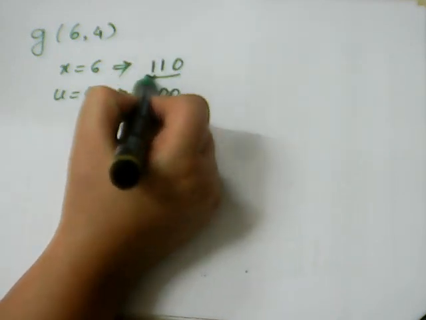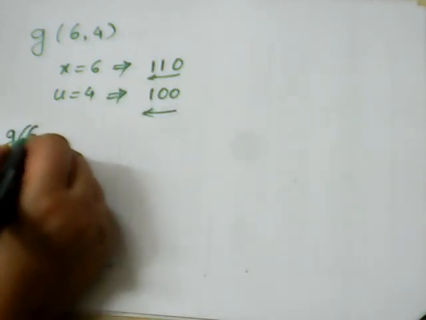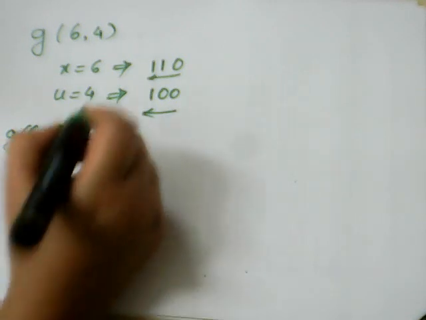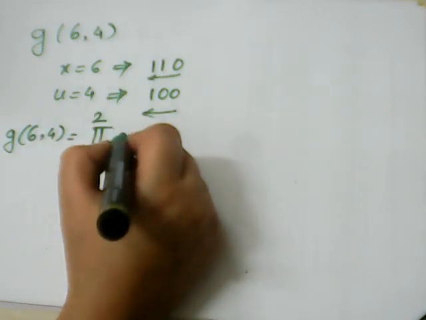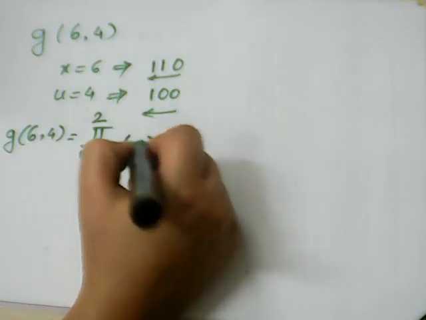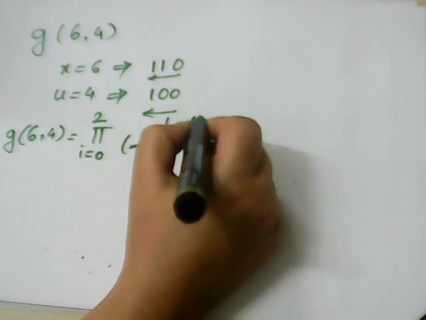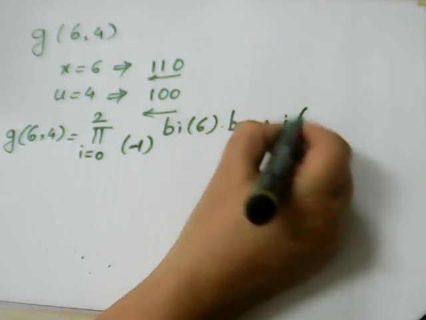This is 0th bit, first bit, second bit. Now as per the formula, g of 6 comma 4 is equal to product i equal to 0 to n minus 1. n is 3, 3 minus 1, 2. So minus 1 to the power bi of x, x meaning 6, into b n minus 1 minus i of u.